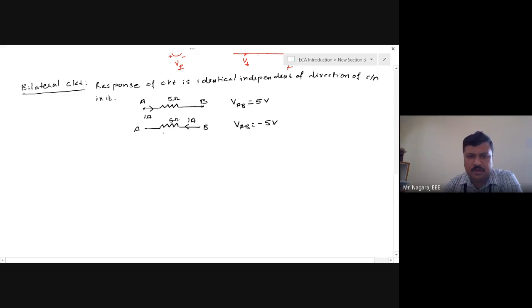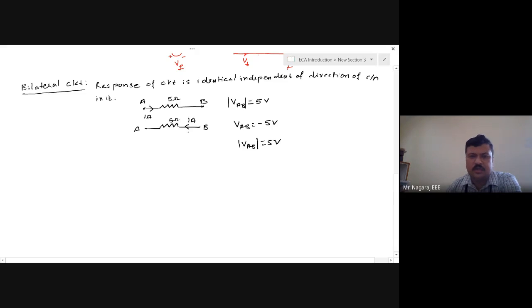The magnitude of V_AB is still equal to 5 volts. So the amount of voltage present across a resistor depends upon the value of the resistor and the current through it, irrespective of the direction of the current through it. Therefore, this is called a bilateral circuit.